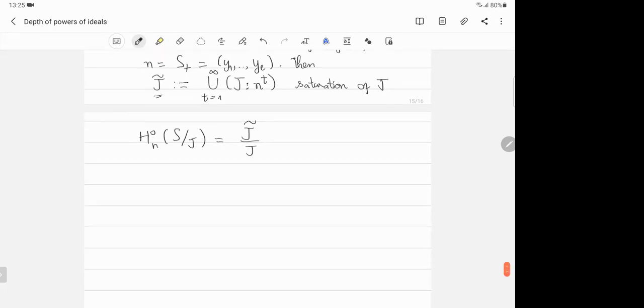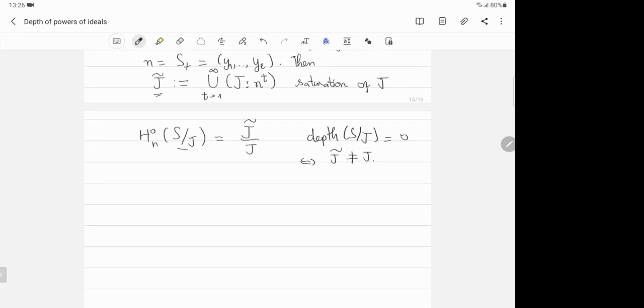So depth 0 will mean that the saturation is different from J.